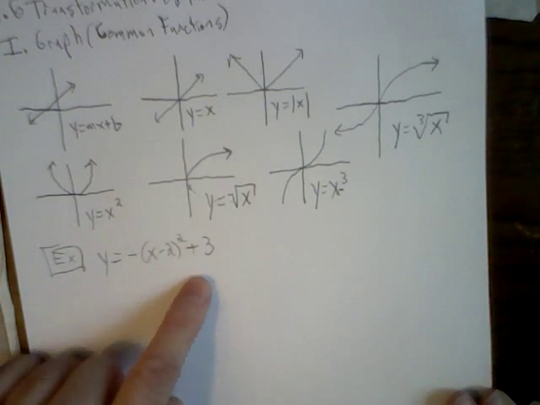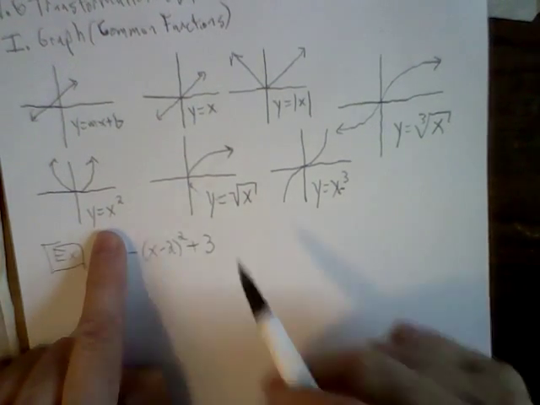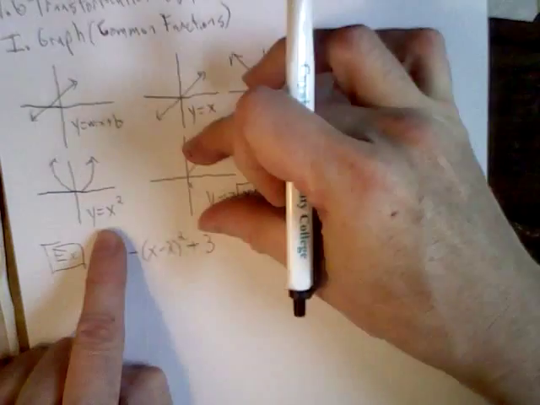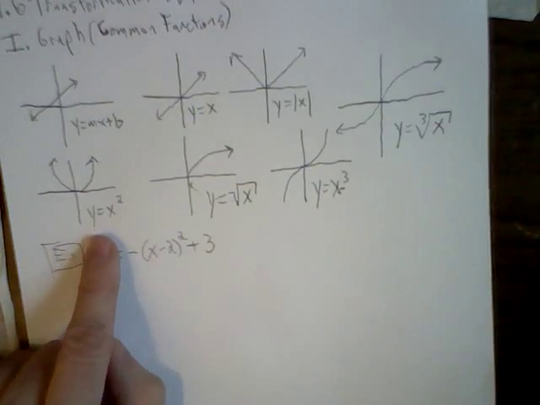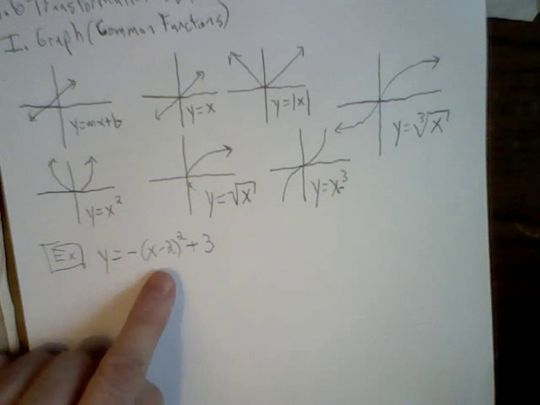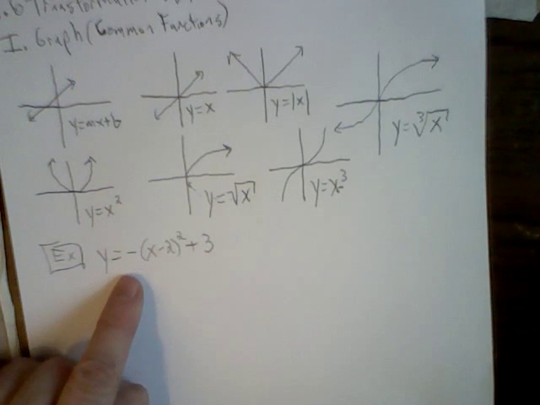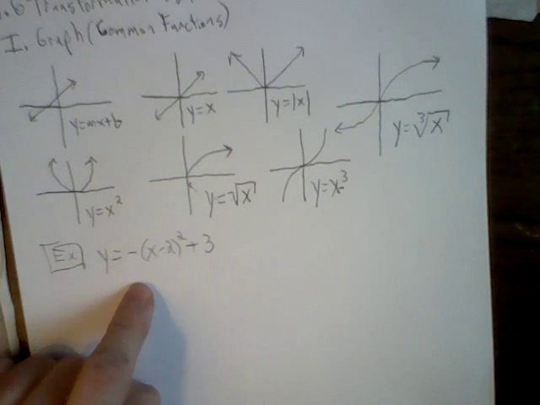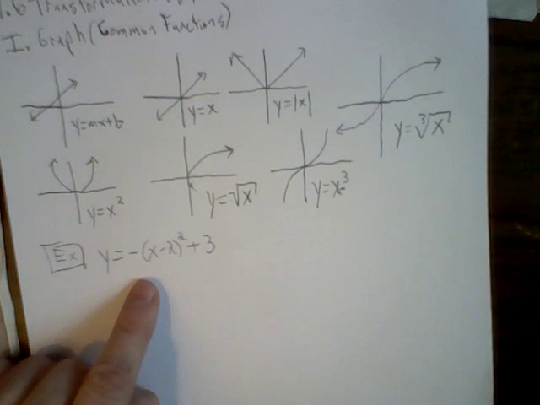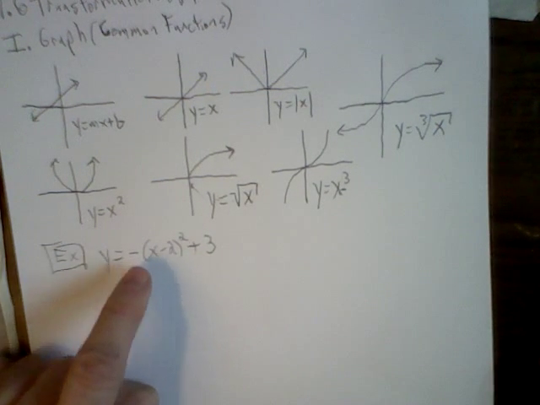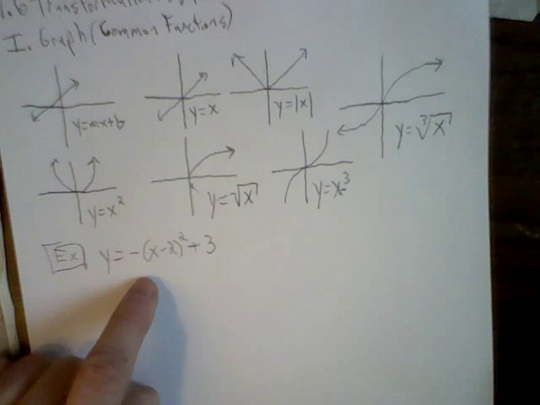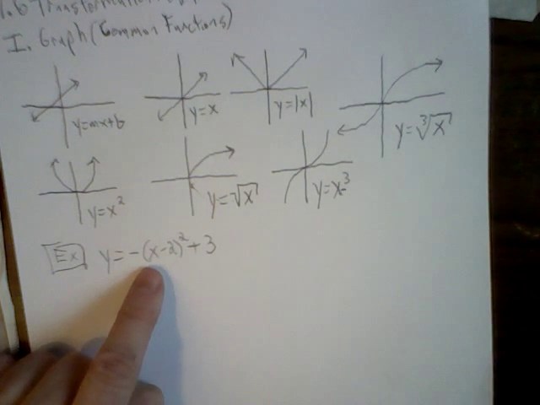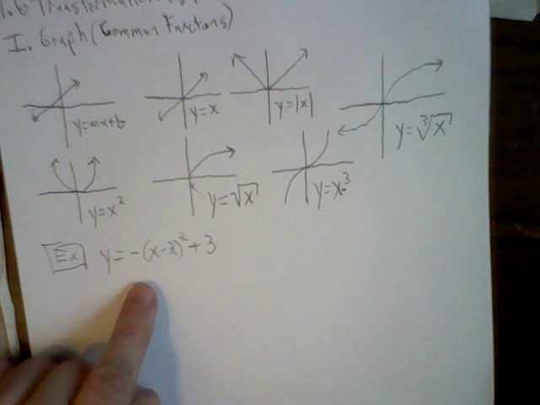And it turns out you can graph this thing if you just move this thing around in the xy plane in a particular order. So you don't need to use a t-table, you don't need to bust out your calculator, you can just handle it doing transformations. Okay, so that's kind of what we're after. We want to learn how to graph these kind of things without going and relying on our calculators, etc.